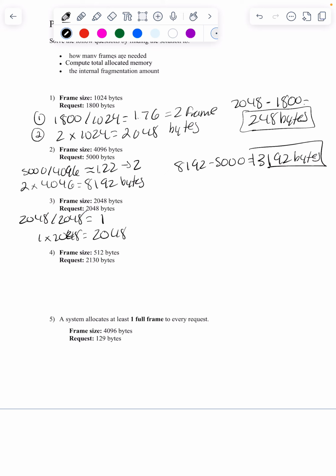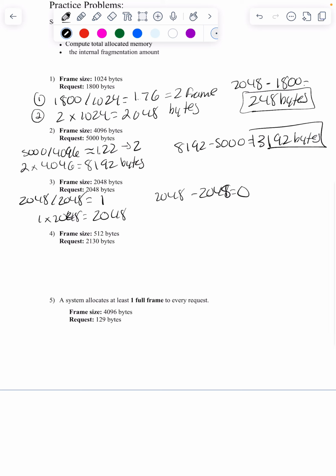And if we subtract these two, we're going to have no internal fragmentation here. So this is the only case with no internal fragmentation, because the requested fits perfectly into the frame. And then we'll go into our fourth problem.